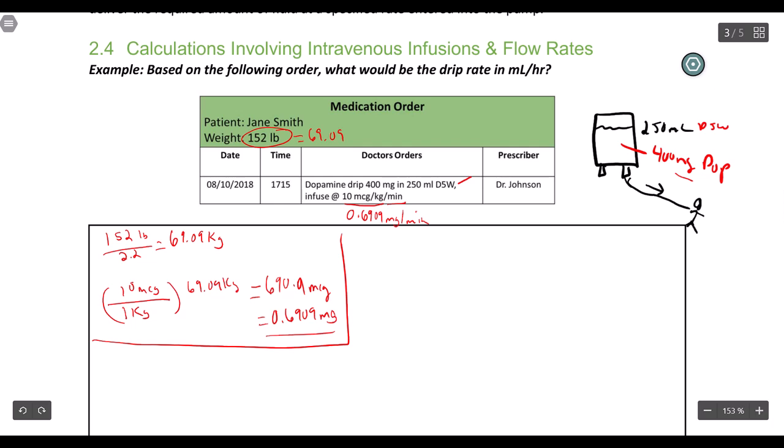Now we have the question. We want to give the patient 0.6909 milligrams per minute. How much of this liquid has to come out so that we have 0.6909 milligrams? Because that's what has to go over the minute.